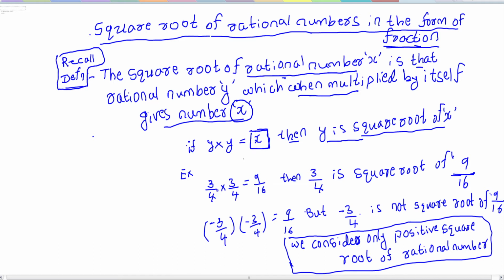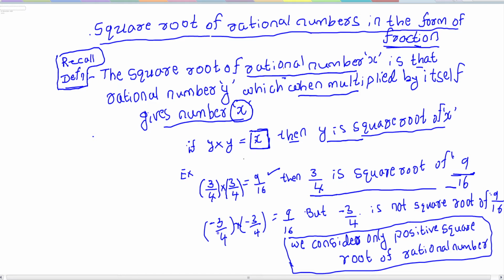Okay, easily understood. For example, take 3 by 4 multiplied by itself, it gives 9 by 16. Therefore, I can say 3 by 4 is a square root of 9 by 16. But minus 3 by 4 multiplied by minus 3 by 4 also gives 9 by 16.